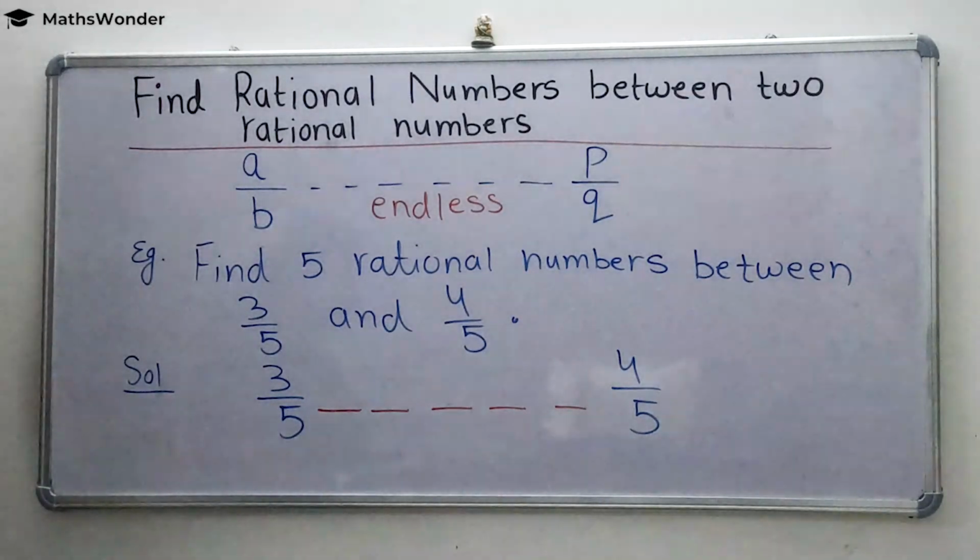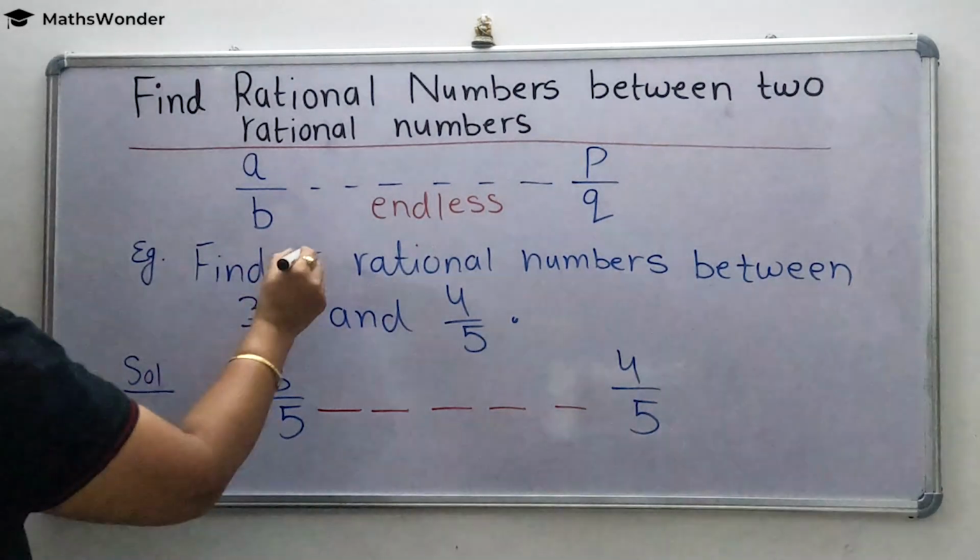So we have one method. We actually have 2-3 methods to find the rational numbers, but I am giving you the best and the simplest method. First of all, you will check how many rational numbers we need to find. We have to find 5 rational numbers in this question.